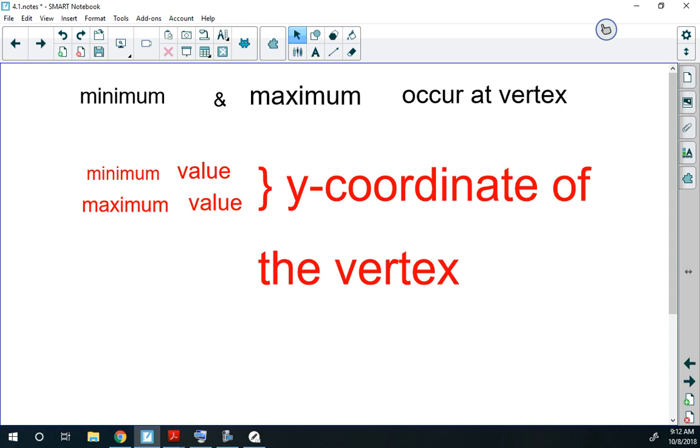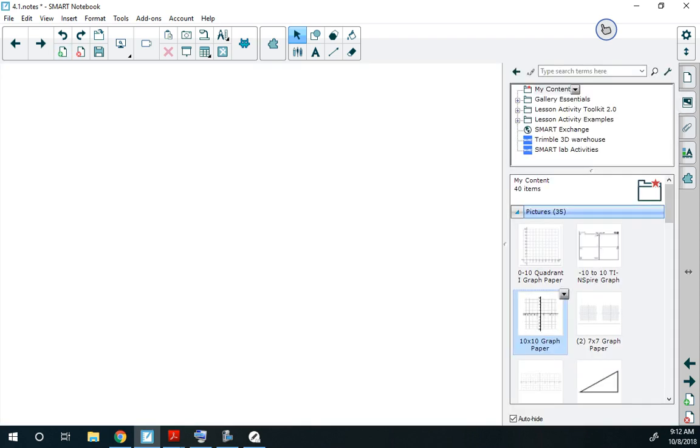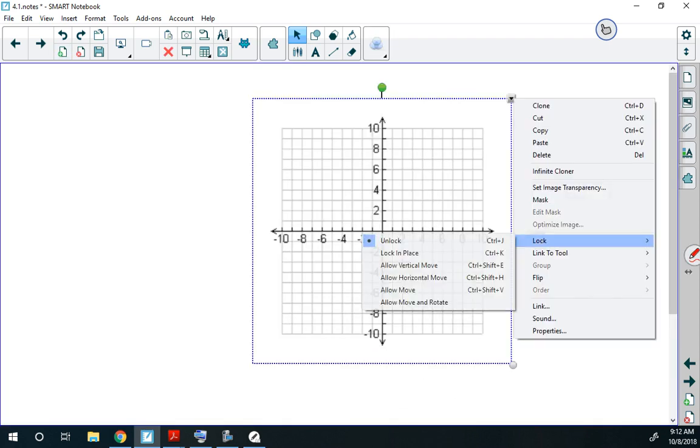If you're asked where does the minimum occur or where does the maximum occur, it's going to occur at the vertex, but specifically the minimum value is just the y-coordinate, or the maximum value is the y-coordinate. I think we better analyze one of these graphs. Suppose we had a graph that looked like this.